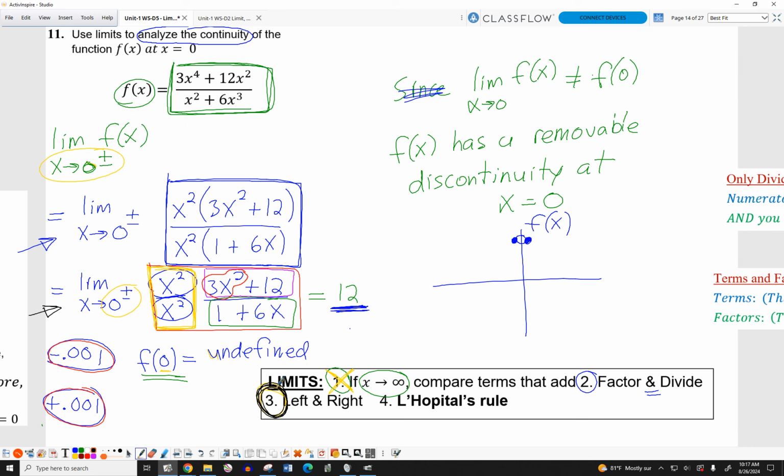Then I know the overall limit is the same. There will be those few exceptions where suddenly that's where you'll notice the difference. You go, wait a minute, if I plug in a little more than 0, I get something different when I plug in a little less. So now I have a left-right limit that is different, which means I have a jump. Unless they're going infinite, then I have a vertical asymptote.